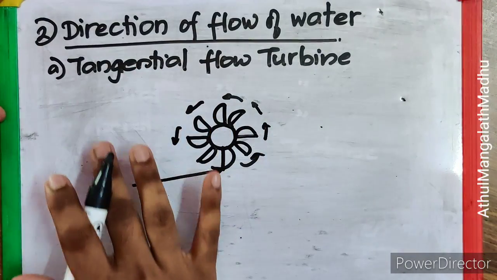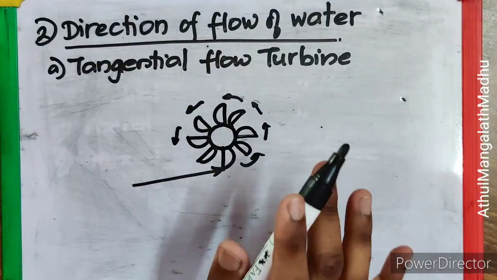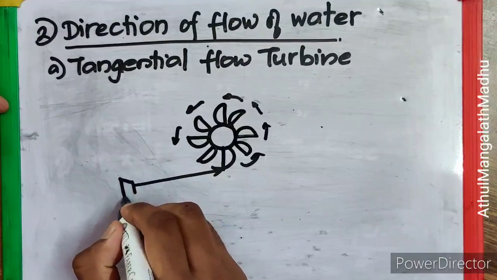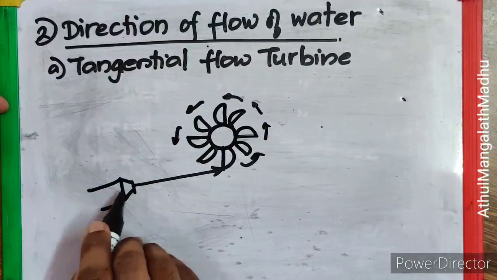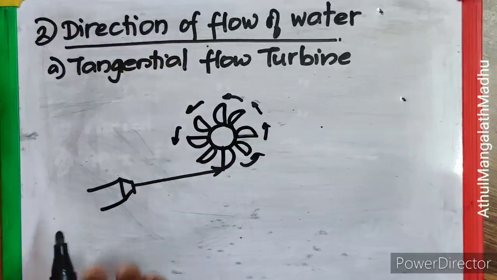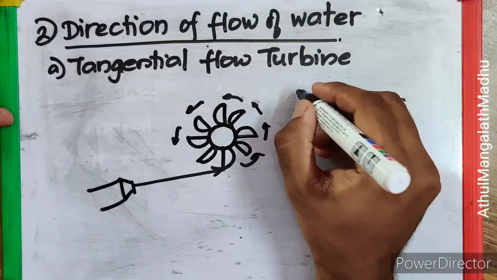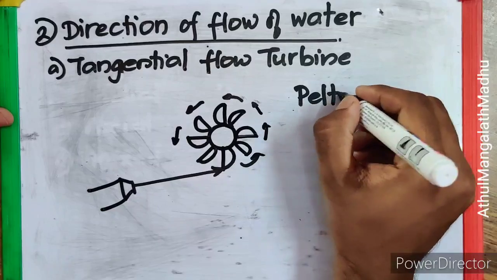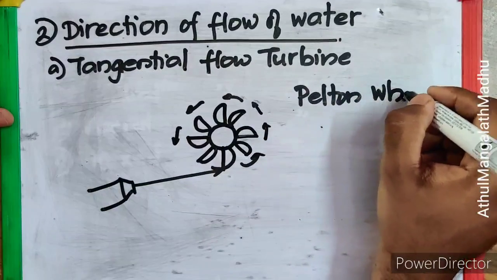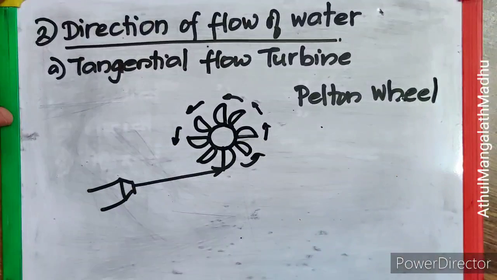So I can say that the Pelton wheel turbine is an example of a tangential flow turbine, as the water that's coming from the nozzle will be hitting these blades, or rather the buckets, tangentially to it. So that's why it's called a tangential flow turbine. So I can say that Pelton wheel is both a tangential flow turbine as well as an impulse turbine.